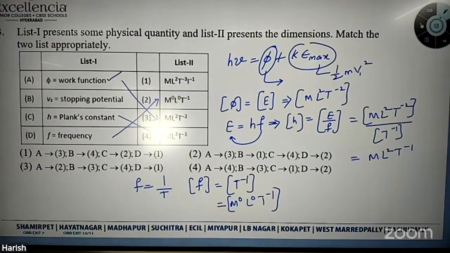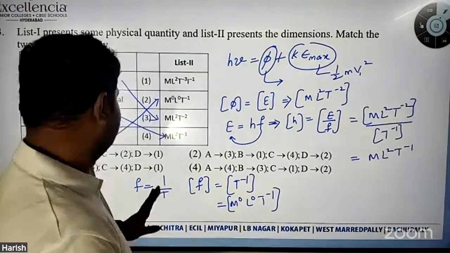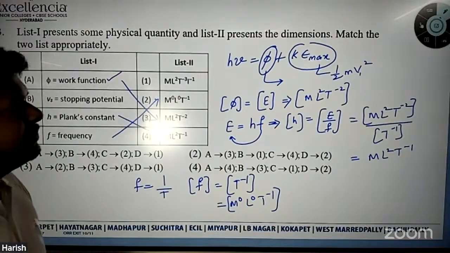And the last leftover one is stopping potential. I'm just erasing this part to find the dimensional formula of stopping potential.